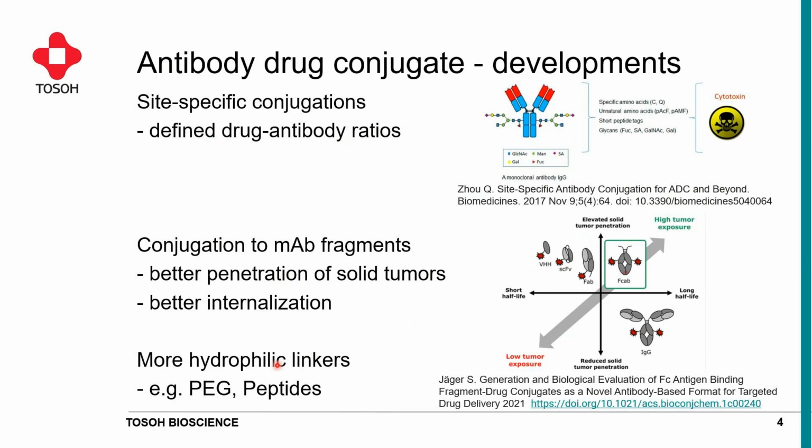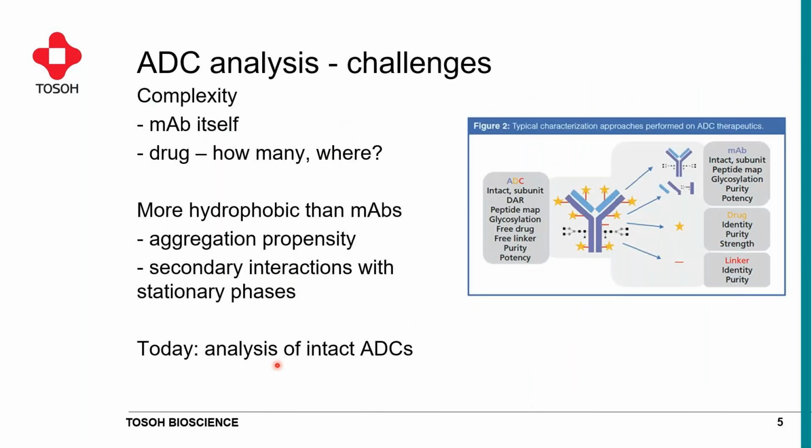Now, we know already quite a lot about ADCs, as I showed you in the structure on the previous pages. And this actually also explains why analysis of ADCs is such a challenge.